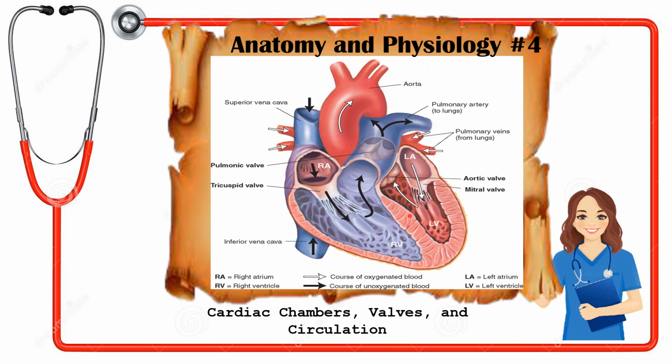Let us now have a review of the cardiac chambers, valves, and the circulation. The circulation of the heart is shown in this diagram. The blood from the body organs and tissues, especially those from the upper extremities such as the head and neck, will return to the heart via the superior vena cava, while those from the lower extremities will return via the inferior vena cava.